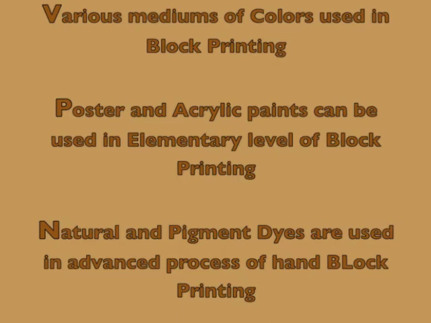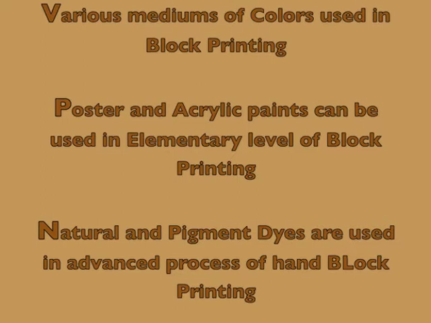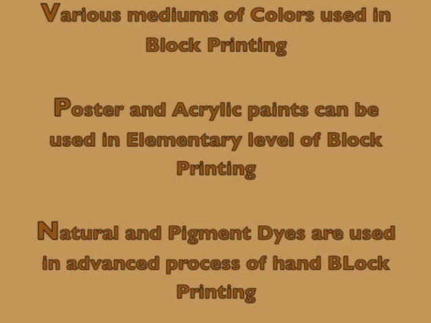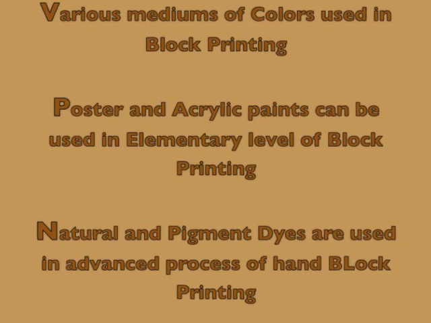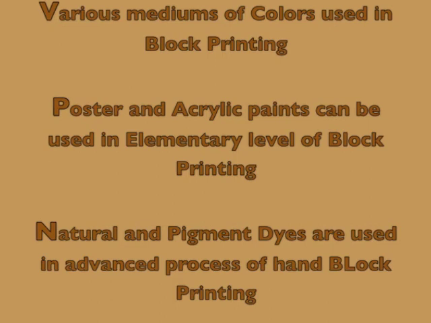Most of the colors we had used were ready-made in bottles, and the acrylic colors were also ready-made in bottles, which we just took out from the bottles and applied on the blocks, whether they were made out of potato, matchsticks, cork, sponge or the various vegetables.